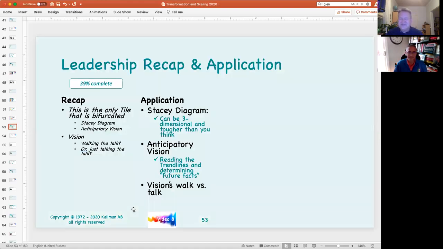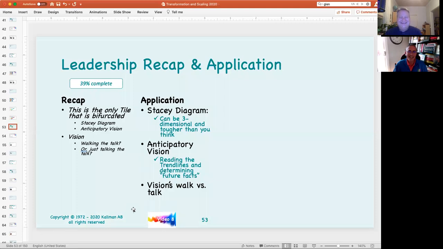Excellent. I'll let you do the recap. Sure. Ultimately, as we saw with the Stacey diagram and the anticipatory vision, there's this bifurcation in the lens of the model, and ultimately that Stacey matrix, that anticipatory vision. Sometimes English is hard even for us native English speakers.